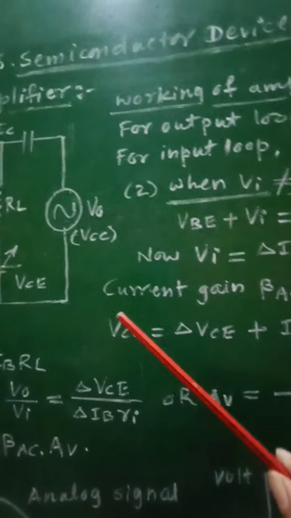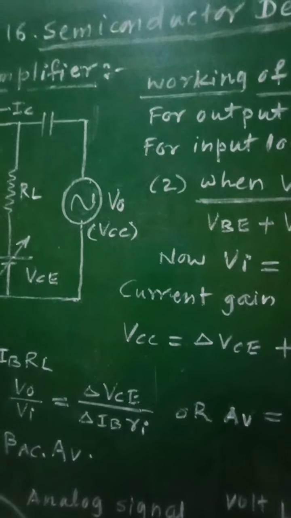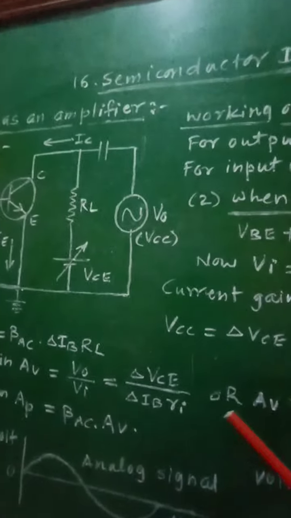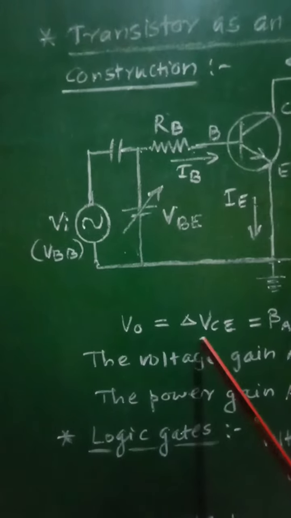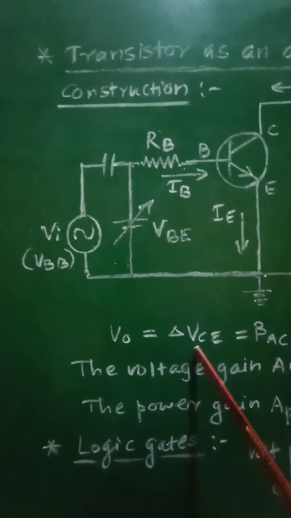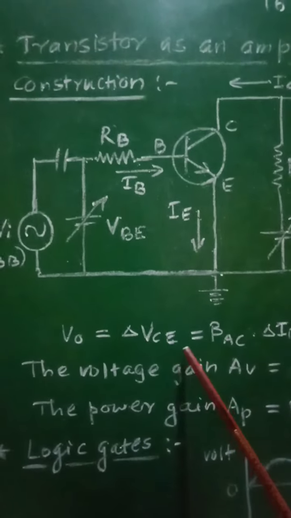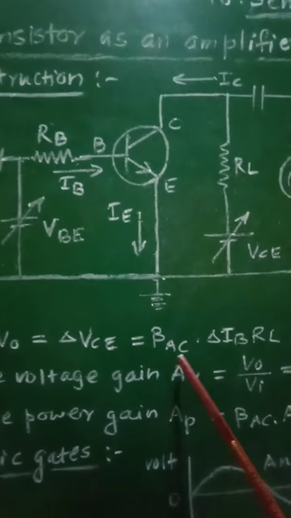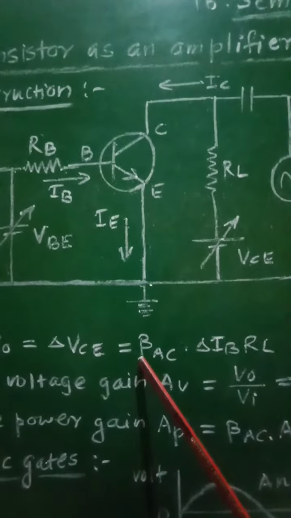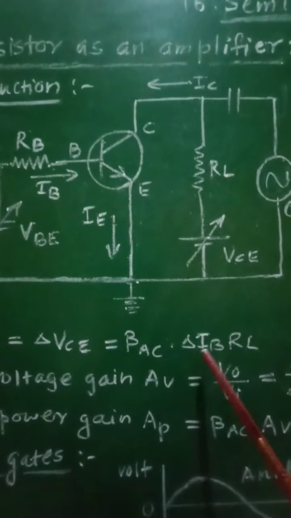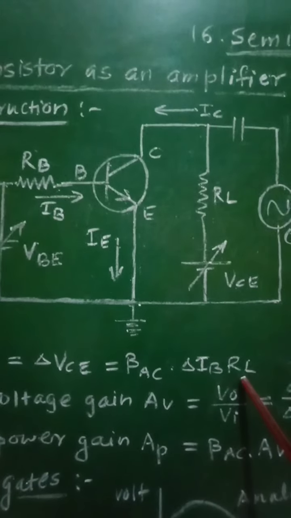Therefore we can write Vo equals delta Vce, which will be equal to minus beta AC into delta IB into RL. So this equation we will get.